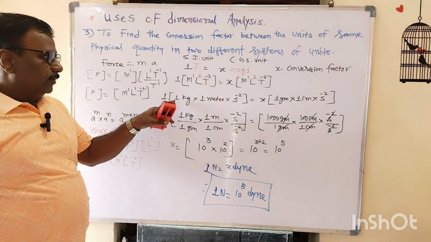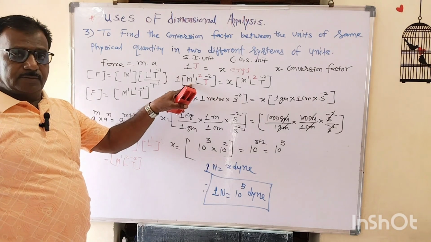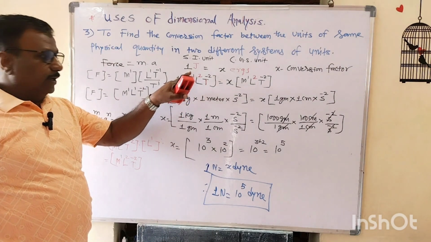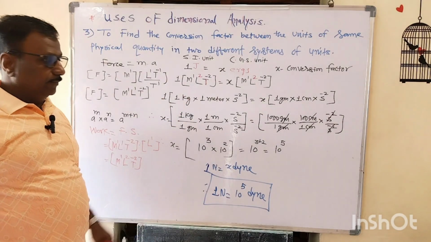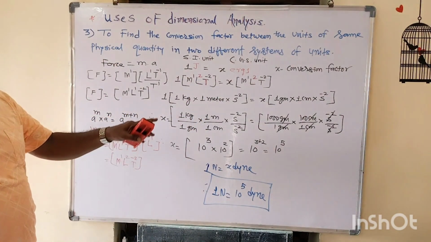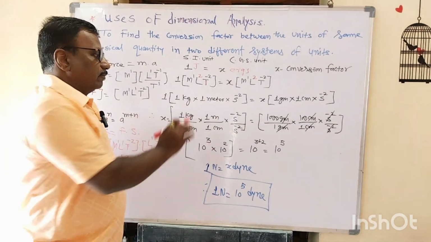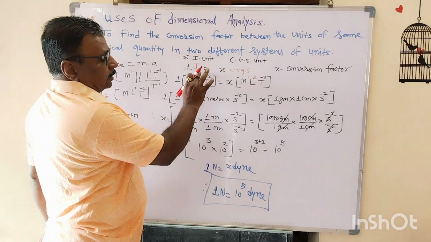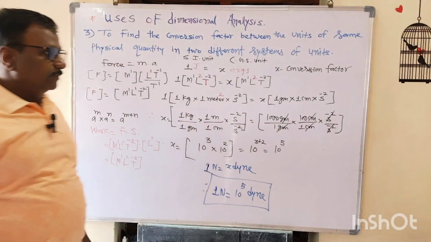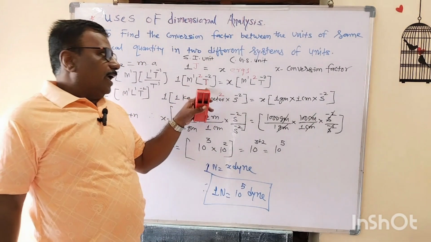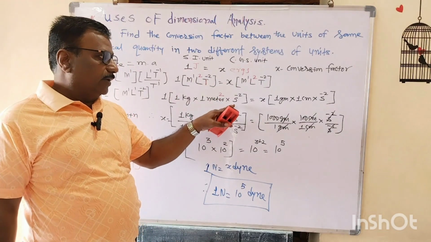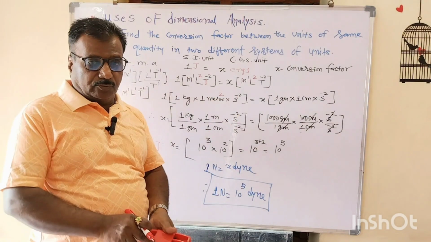Now convert here. Mass is measured in kilogram, so the power is 1, and we write 1 kilogram. Length is measured in meter, and there is the square of meter, so we write meter square. Time is measured in second, so T to the power minus 2, and we write second to the power minus 2.